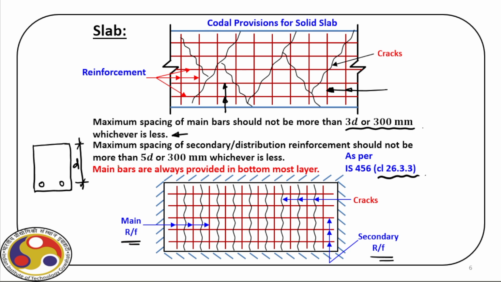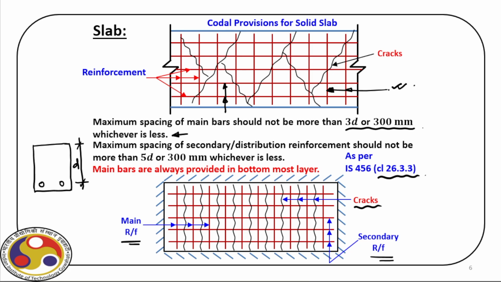If we place this following these guidelines for maximum spacing, we can control this random cracking. For this type of orientation, again, the cracks may appear along the directions you can see, but that must be controlled by the distance between the two bars. We will see as we progress further how to decide the spacing of these bars along the dominant direction and obviously along the secondary direction.